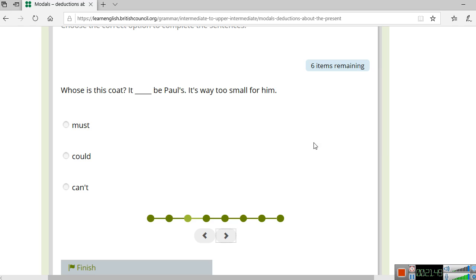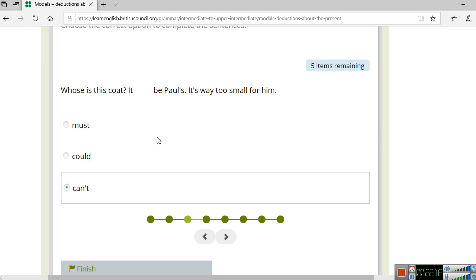Now let's go with Angie. Angie, whose is this coat? It blank be Paul's. It's way too small for him. Yeah, okay. Whose is this coat? It can't be Paul's. It is way too small for him. All right.